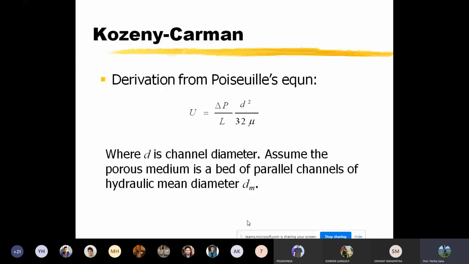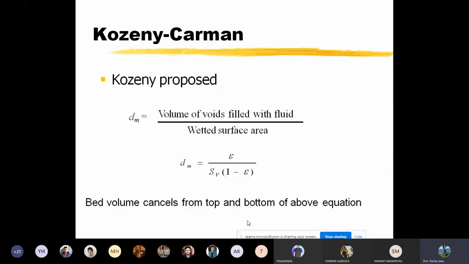So let's see how you can derive this expression. Kozeny proposed that dm, the hydraulic mean diameter, is the volume of bed filled with fluid divided by the wetted surface area. If you substitute this value, the volume gets cancelled from top and bottom, and then it becomes epsilon divided by SB 1 minus epsilon, right?